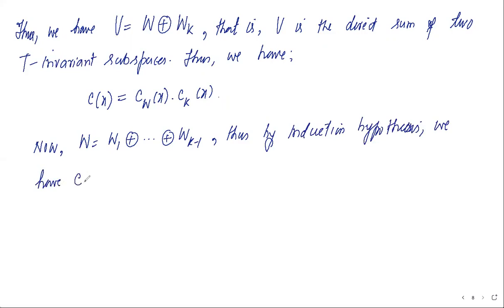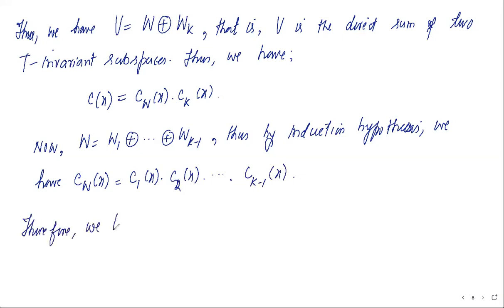the characteristic polynomial of W is equal to the characteristic polynomial of W1 into the characteristic polynomial of W2, which is C2 of x, and so on, the characteristic polynomial of Wk minus 1, which is Ck minus 1 of x. So therefore, we have C of x equal to C1 of x into C2 of x into so on Ck minus 1 of x into Ck of x.